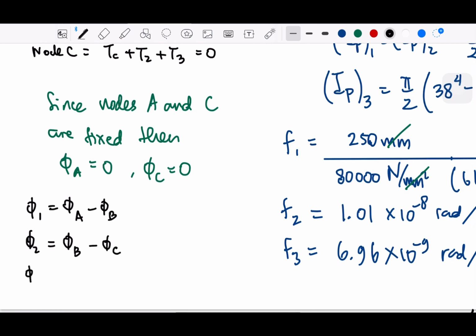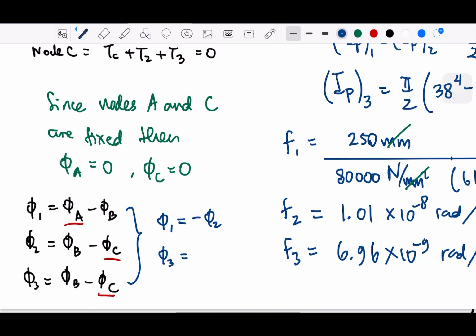And same thing for the angle 3, because 2 and 3 are in the same shape. And the angles A and C are 0. So from this part, we can simplify that the angle 1 is equal to the negative angle 2, and angle 3 is equal to angle 2.